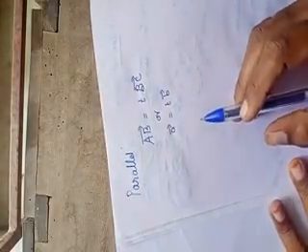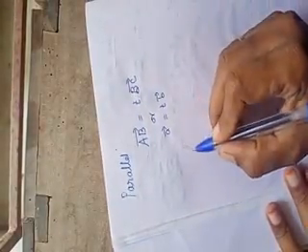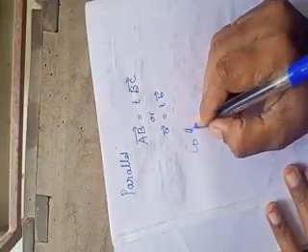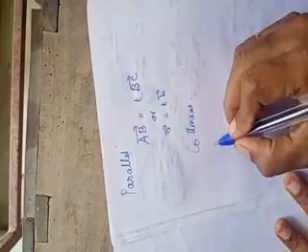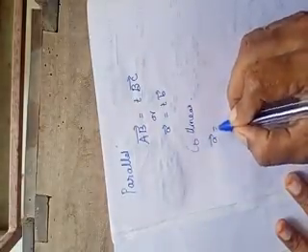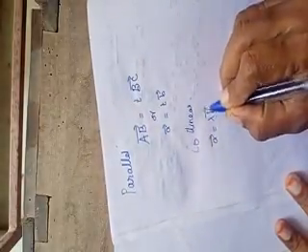Say the same for collinear. For collinear, the same: A vector is equal to some lambda into B vector.